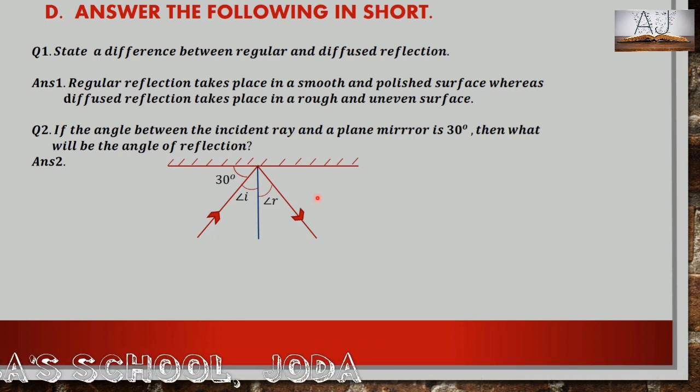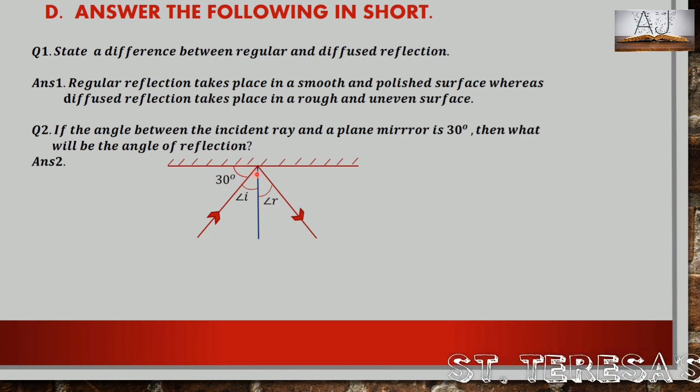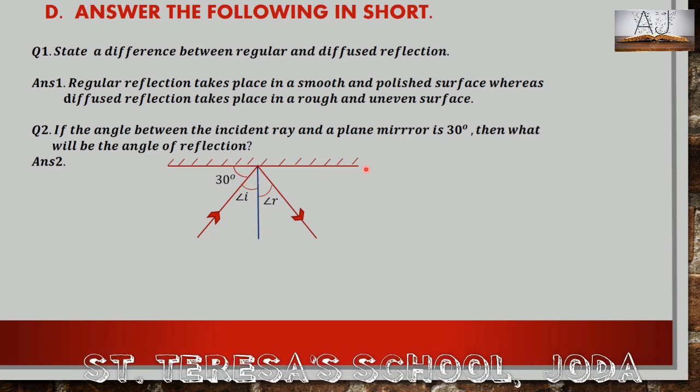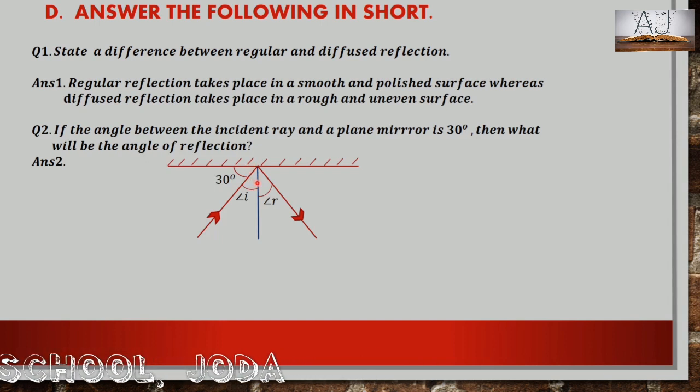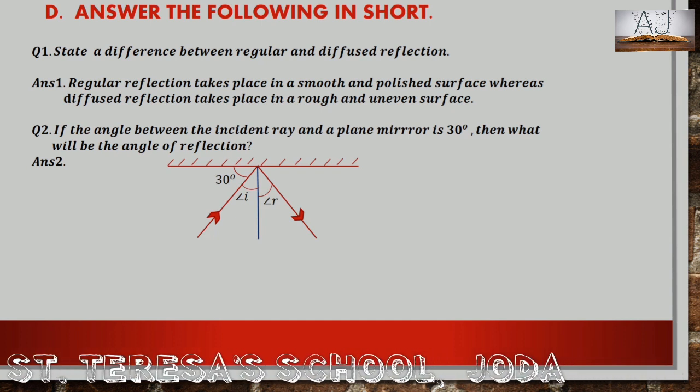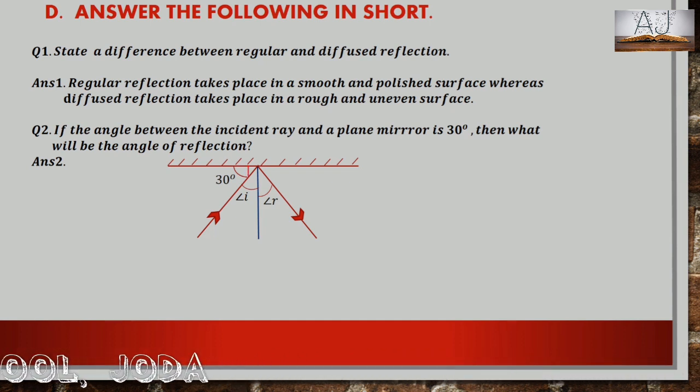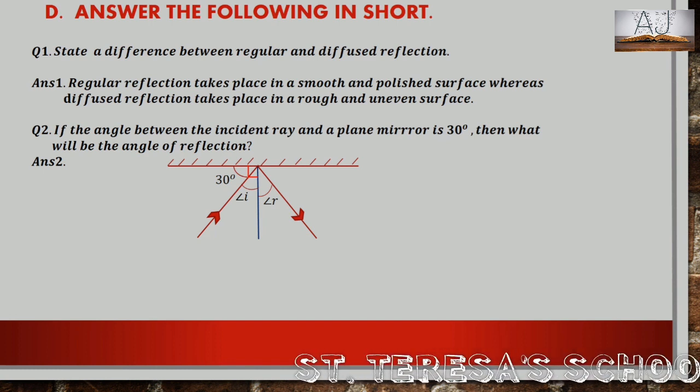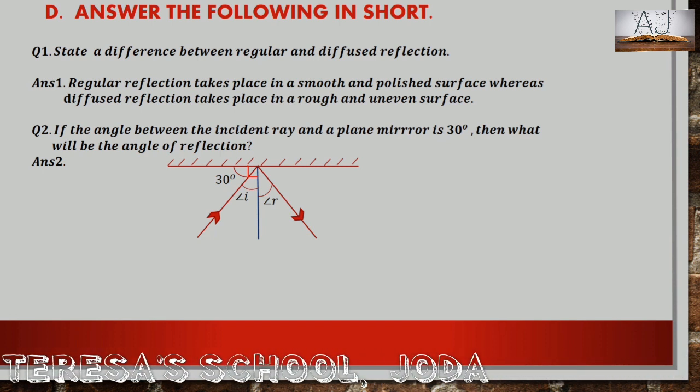First of all, you should know that the angle between the normal and the mirror is always 90 degrees. Yes, normal means perpendicular. The angle between the mirror and the normal is always 90 degrees.